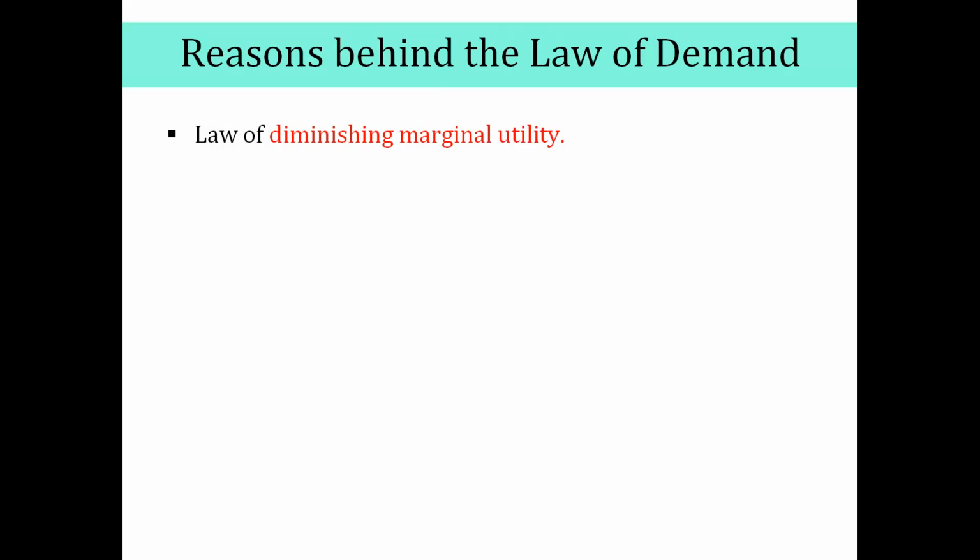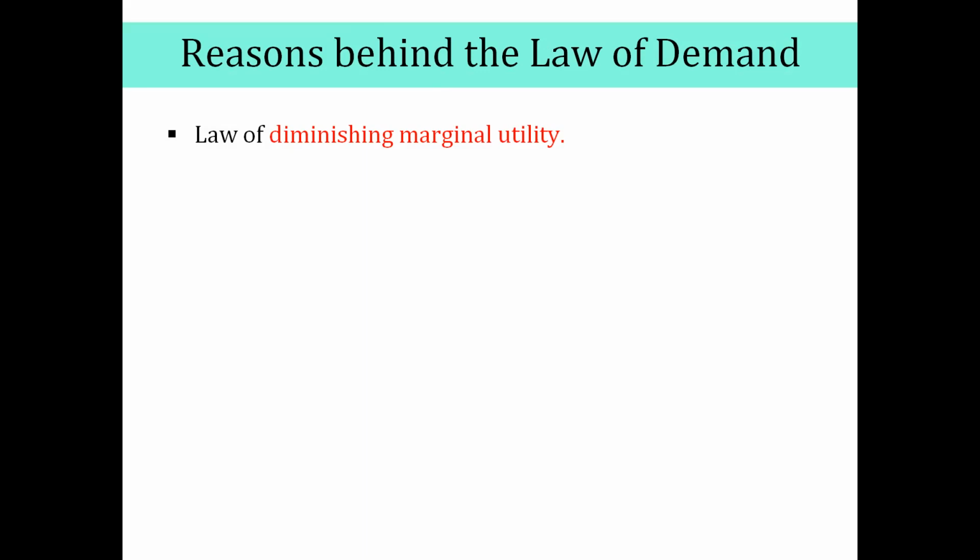So the consumer derives lesser and lesser utility from every additional unit of the commodity. He or she will be ready to purchase one more unit of the commodity only if he or she gets that quantity at a lower price.